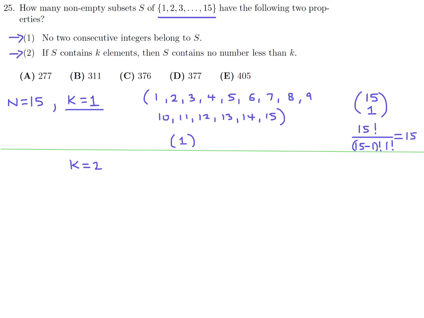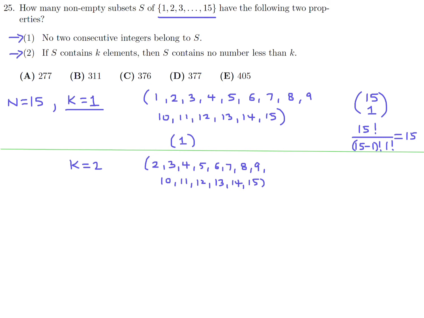It will become an issue when k equals 2, and that is what we're going to talk about now. So when k equals 2, the set now contains 2 elements, and S cannot contain any number less than 2. So that means my set cannot have the 1 in it. So I can only have 2, 3, 4, up until 15.